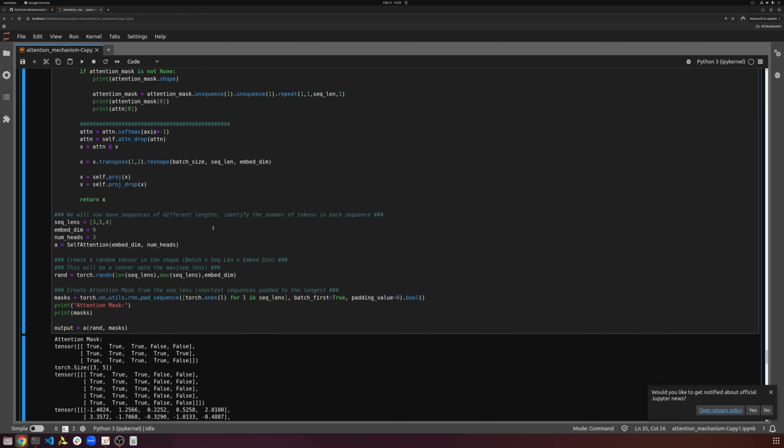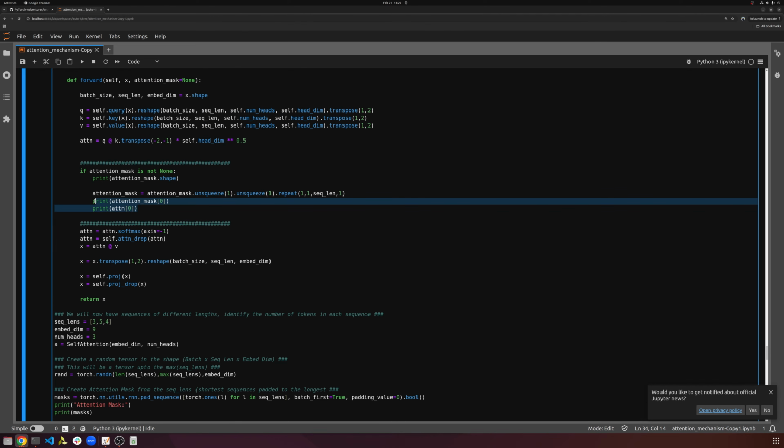Set to -infinity. And so now that we have this, we can go ahead and do attention dot masked fill. And also this masked fill underscore is an in-place operation, so it'll directly fill it. Or we can do attention is equal to attention dot masked fill.